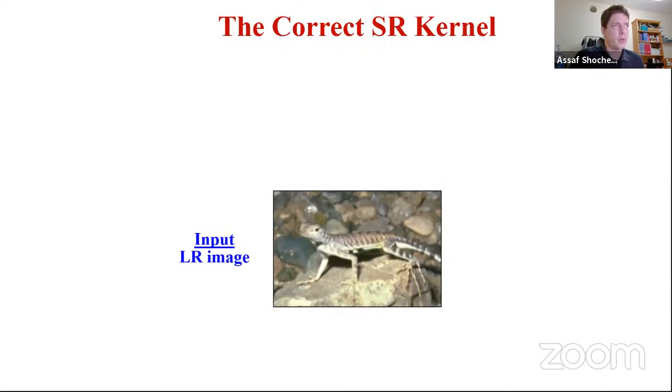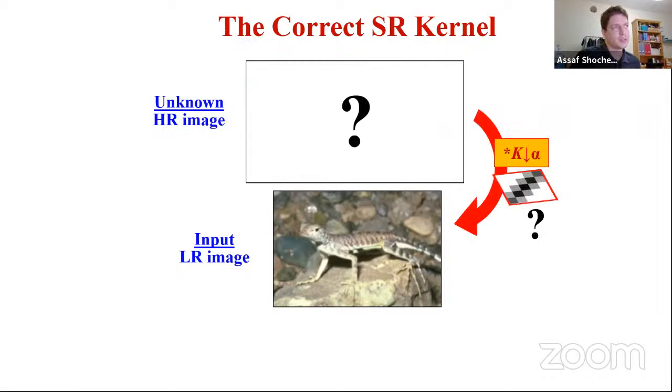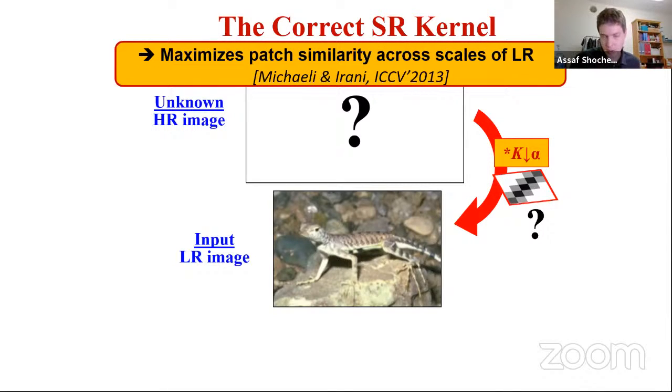What we do know about the correct kernel, from Tomer Michaeli's work in 2013, is that for various reasons, which I won't get into now, the correct kernel is the one that maximizes the patch similarity across scales. So we know that there's supposed to be a recurrence of patches across different scales of the image.